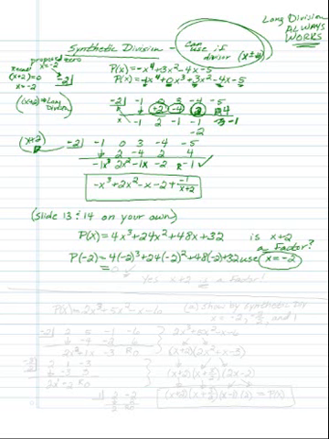After putting in negative 2 in place of every single x, we are getting that p of negative 2 is equal to 0, which is good. That means that yes, x plus 2 is a factor. So in this situation, we actually have a 0 that we would like to divide out of this polynomial.